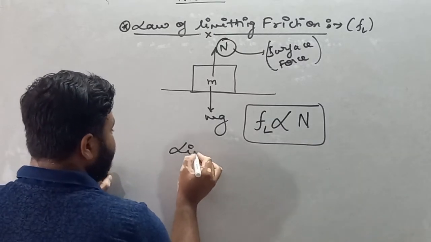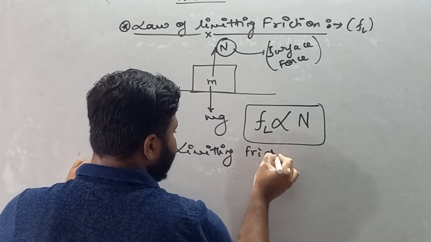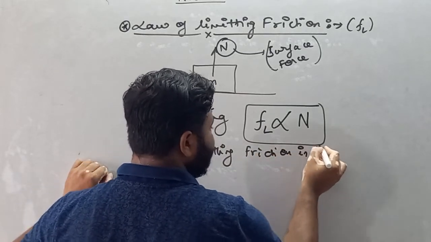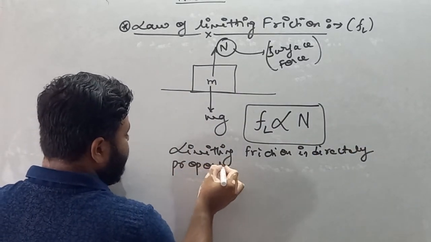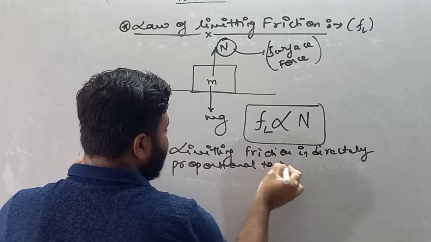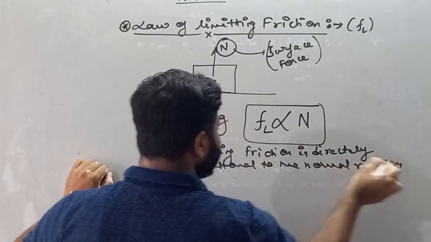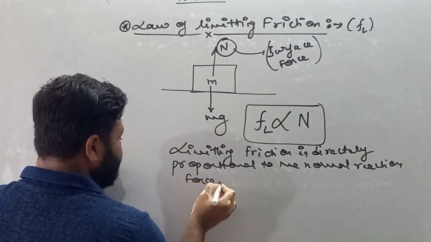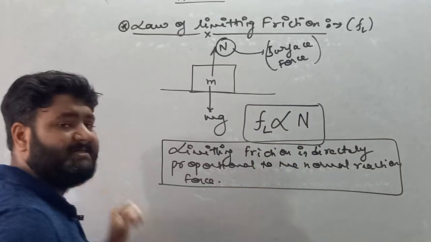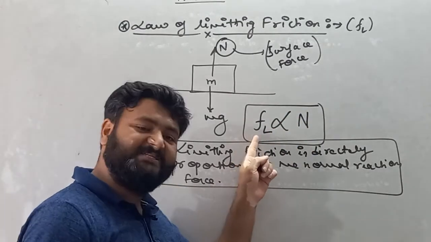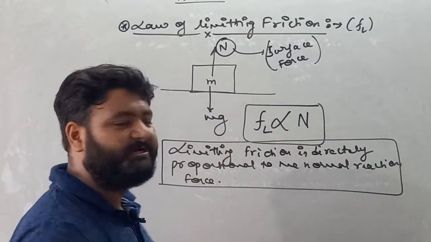I'll write here, limiting friction is directly proportional to the normal reaction force. Now see, my dear student, as we know that the normal reaction force is a surface force, and friction is also a surface force, so we'll say both the forces are proportional to each other.